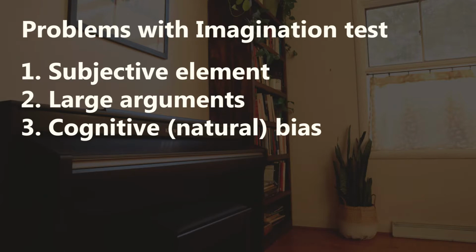And the third limitation associated with the imagination test is not whether or not we have these sort of educated or cultivated biases, but there might be just general cognitive, natural biases that are the result of evolution. I can talk about this more in another video, but if I have these inbuilt cognitive biases, this might impact my capacity to imagine certain scenarios, or say I can't imagine a particular scenario.